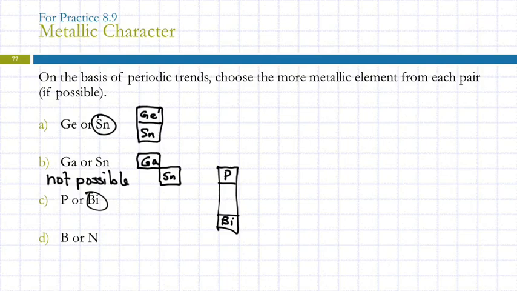Boron or nitrogen. So here we've got this. Who's more metallic? Boron. Neither of them are metals, but they are more metallic. You get it.